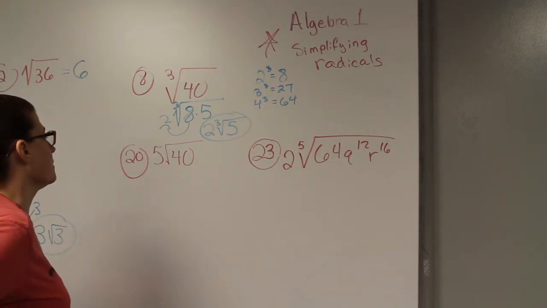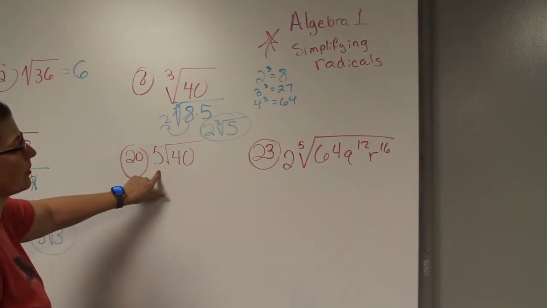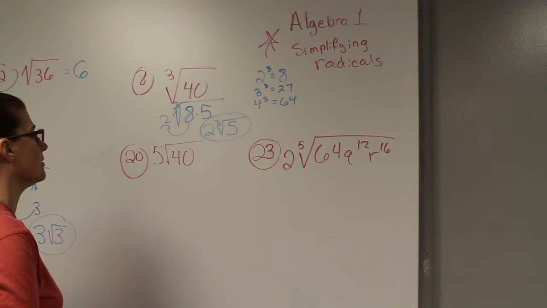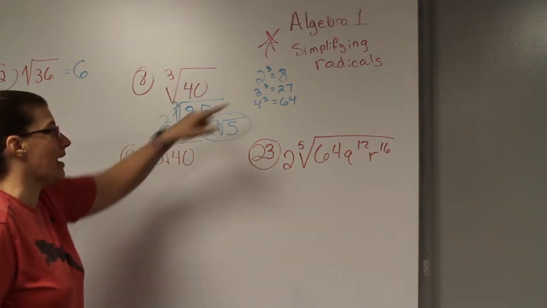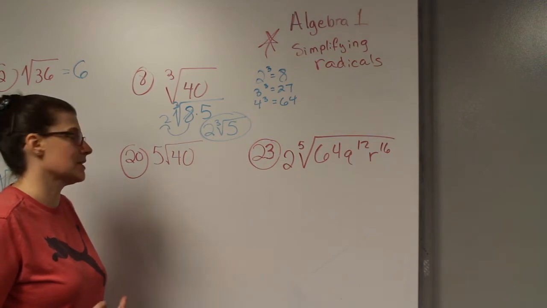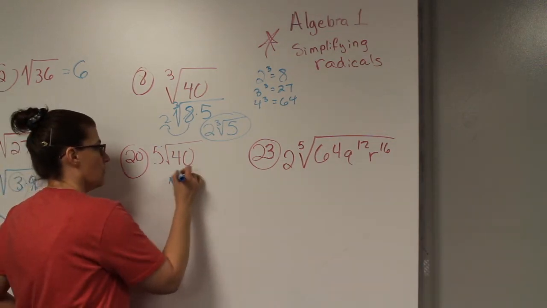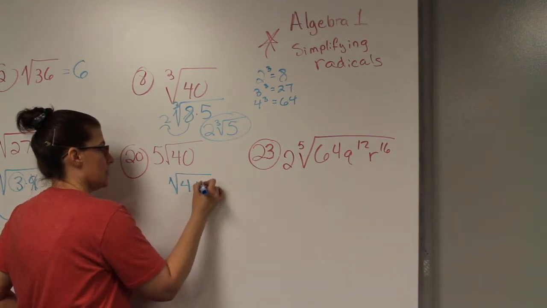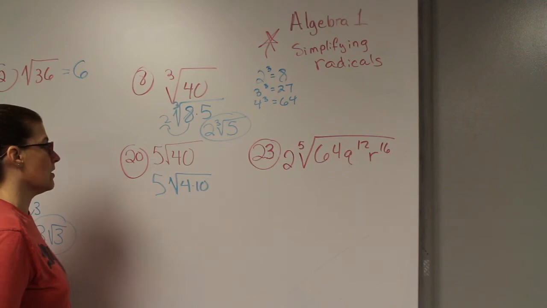All right. So I go down to problem 20, and I pick this one because there's an actual number on the outside so you can see that multiplication. This is not a cube root, it is a square root, so 8 is not going to work for me here because it's not a perfect square. However, I know that 4 times 10 makes 40, okay?